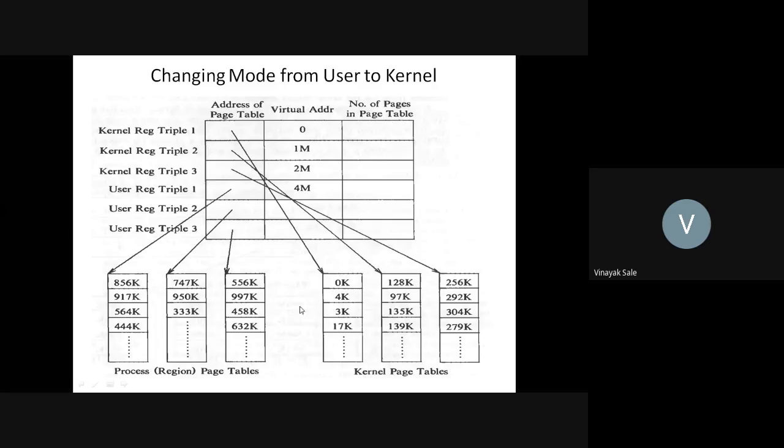Here, this is our kernel page tables, which consist of the addresses of the processes, and this is the per process region table, which holds the user registered addresses.